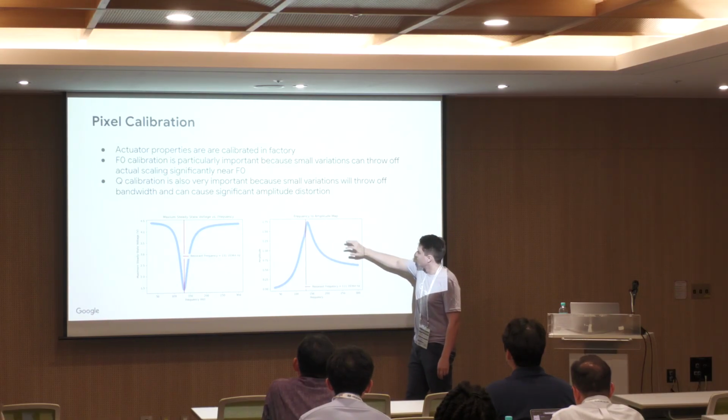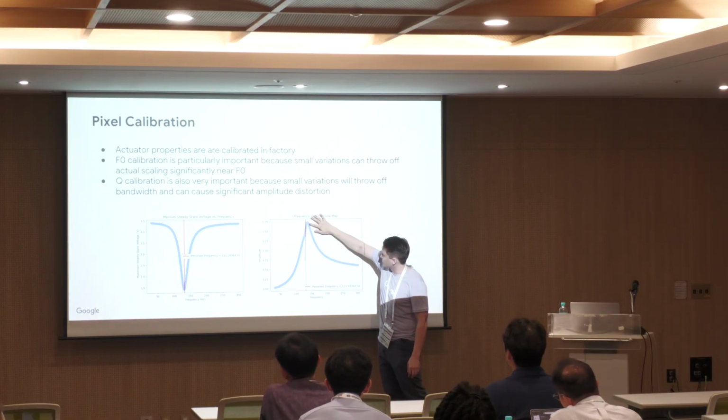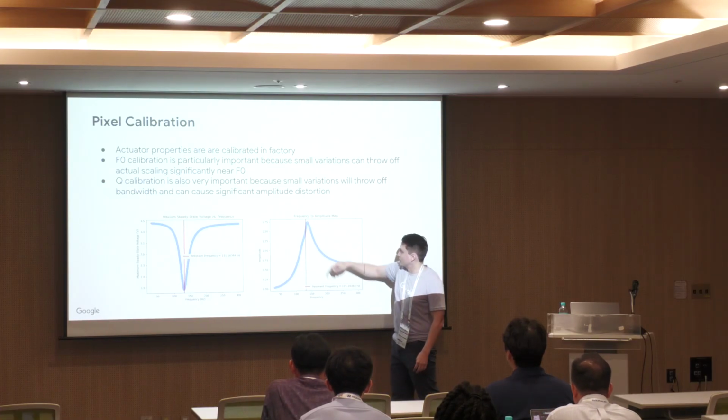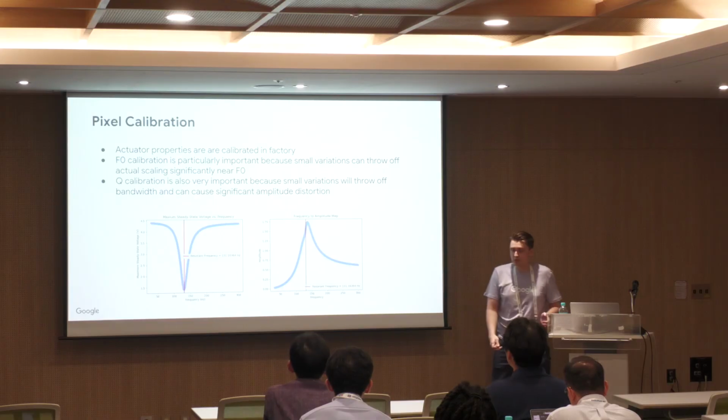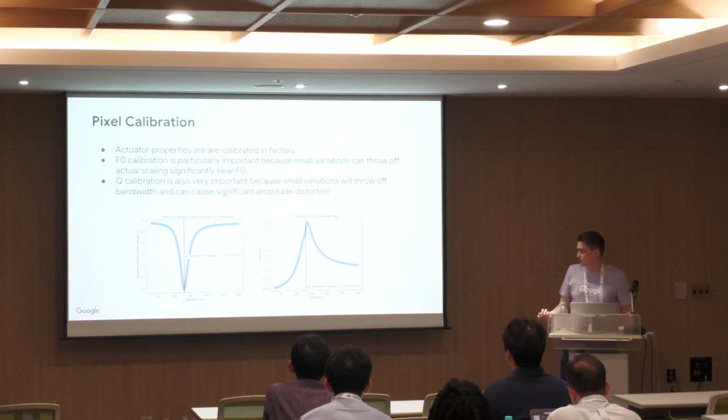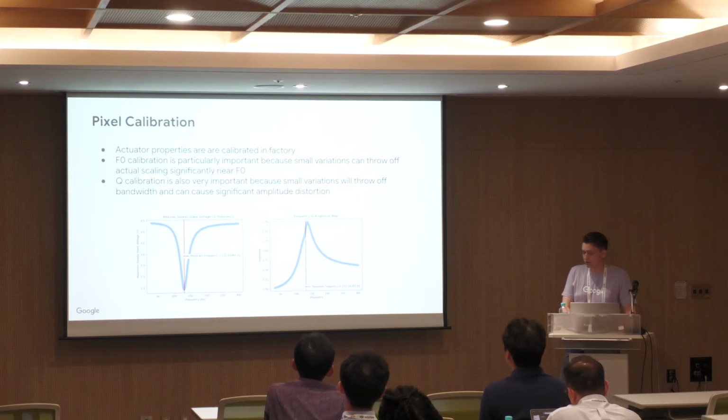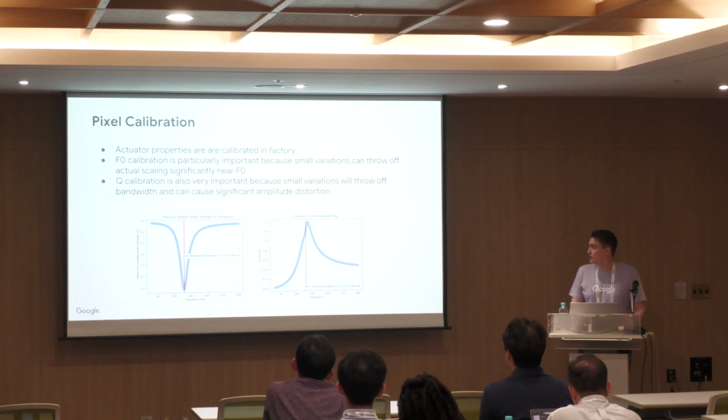Just this 1 hertz change shifts the maximum amplitude, which puts the half flags down by 0.25 Gs. That's essentially almost a 1/6 reduction in effect strength, just from a 1 hertz difference from the nominal resonant frequency to the actual resonant frequency. So this shows the importance of using the calibrated device values.